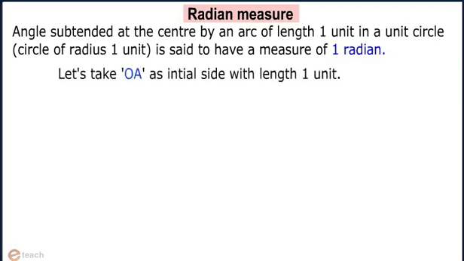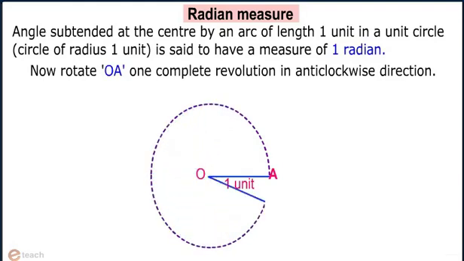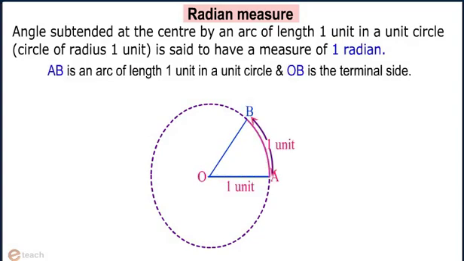Let us take OA as initial side with length 1 unit. Now rotate OA 1 complete revolution in anti-clockwise direction. AB is an arc of length 1 unit in a unit circle and OB is the terminal side.